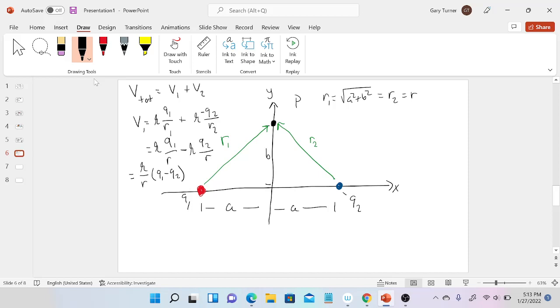In the special case where the charges are the same, then along the axis that bisects two charges, one positive and one negative, the potential is not going to exist. It's going to be zero here.